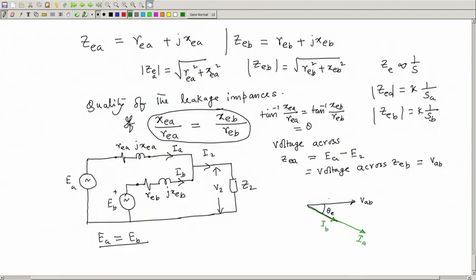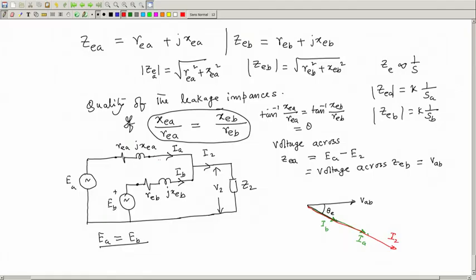It will be like this. What is the current supplied to the load? IA plus IB, the phasor sum of these two, but they are co-phasal. So, the current supplied to the load will be this plus this, I2. This will be the thing.